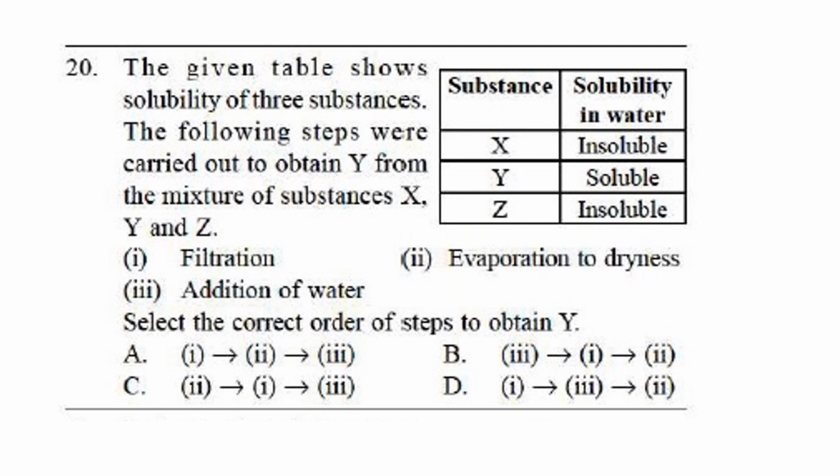First, we add some water, then do filtration, then X and Z will be removed from the liquid because X and Z are not soluble in water. They will be removed by filtration. Then we evaporate the water and get substance Y. So our answer is first addition of water, then filtration, and then evaporation. That is option B.